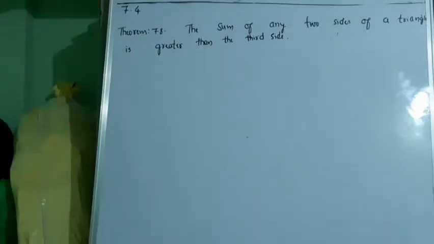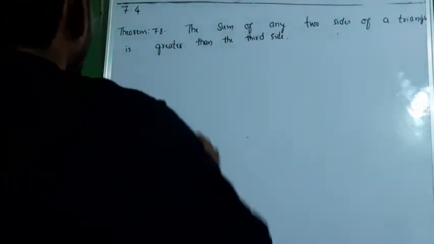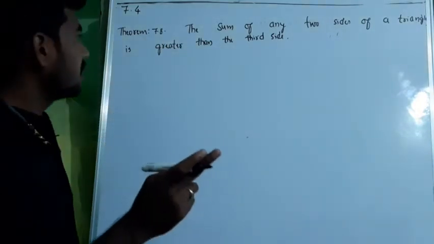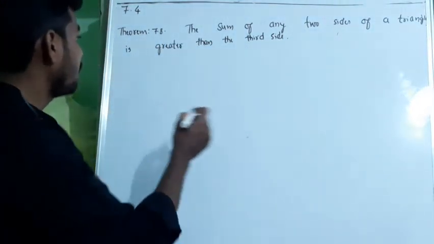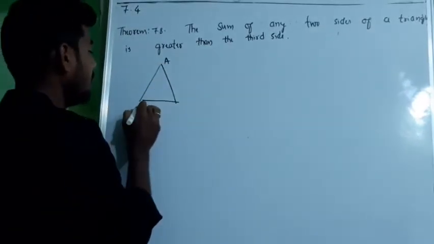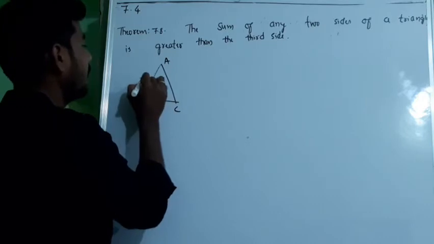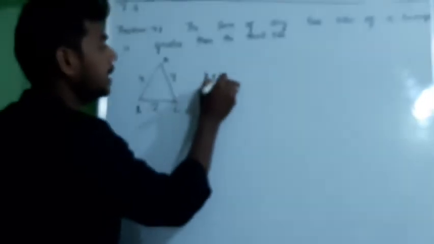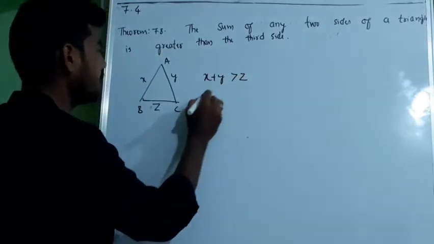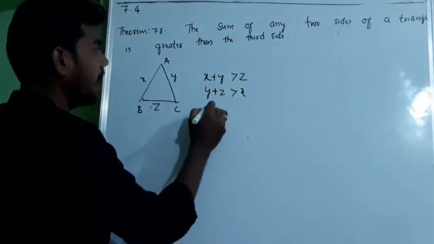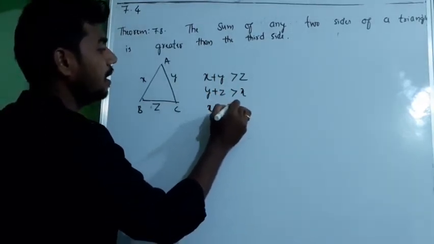Next, theorem number 7.8. What does it state? The sum of any two sides of a triangle is greater than the third side. Suppose I take a triangle ABC. If I take the sides as x, y, z, always x plus y is greater than z, or else y plus z is greater than x, or else x plus z is greater than y.